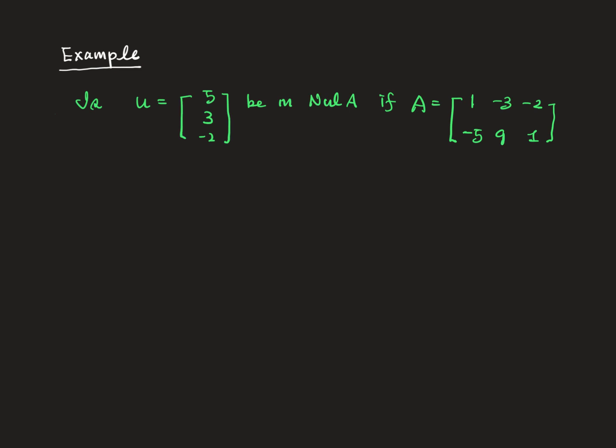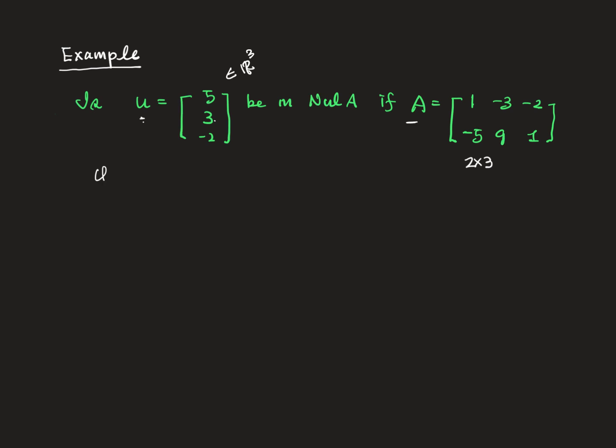I give you u, that's a vector, guys. This vector has 3 entries. This is a matrix. What is the size of the matrix? It is 2 times 3. We want to check whether vector u is in the null space of A. So what do you have to check?